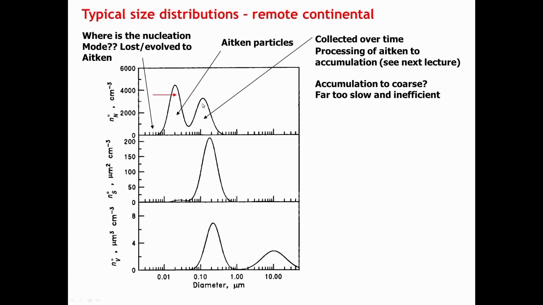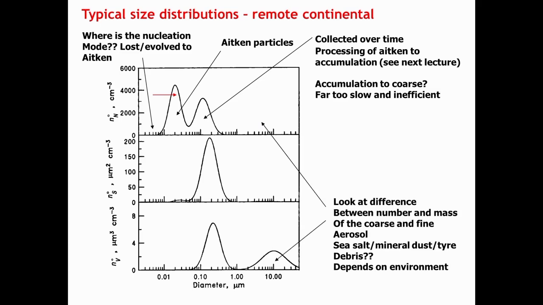The accumulation mode particles can't really grow to coarse mode particles because they just don't live long enough in the atmosphere. That would be to grow from about 500 nanometers or a couple of hundred nanometers up to 10 microns. There just isn't enough time in their lifetime to grow that distance.